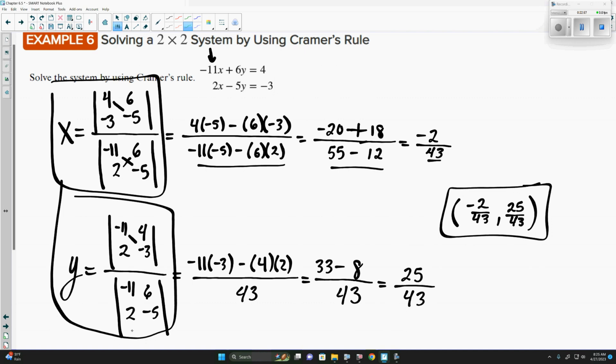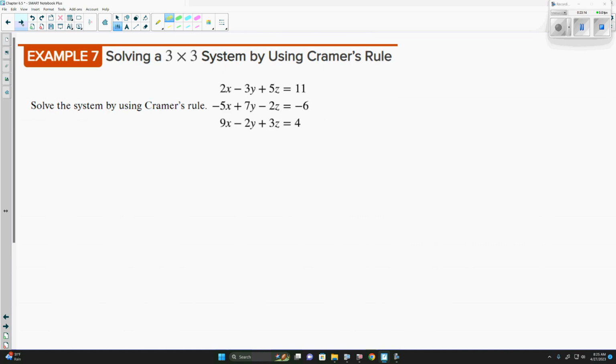Now with this here, especially with the calculator, I could type these in to the calculator and take the determinant of each and divide them. And we'll see that here, especially with a 3x3 system of equations, x, y, and z. Now I'm going to set these up right next to each other going horizontally so we see how they work.